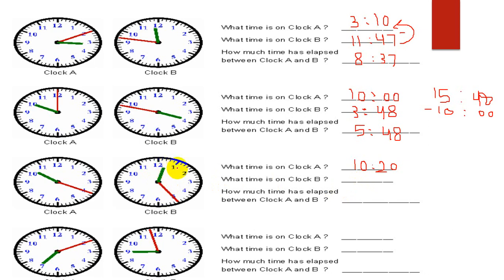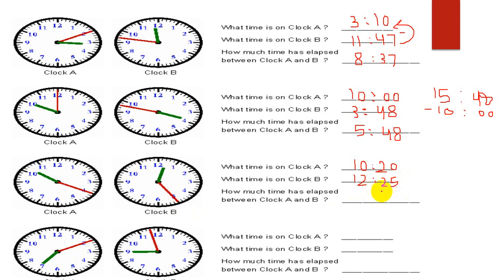Clock B, the short hand is between 12 and 1. Here, write what? 12 or 1? 12. Okay? And the long hand points to 5. 5 multiply 5 means how many minutes? 25 minutes. 5 multiply 5 is 25.